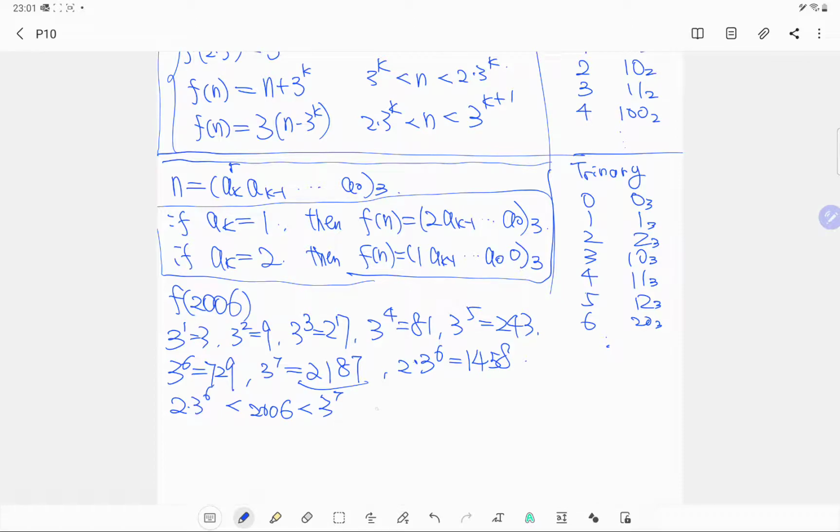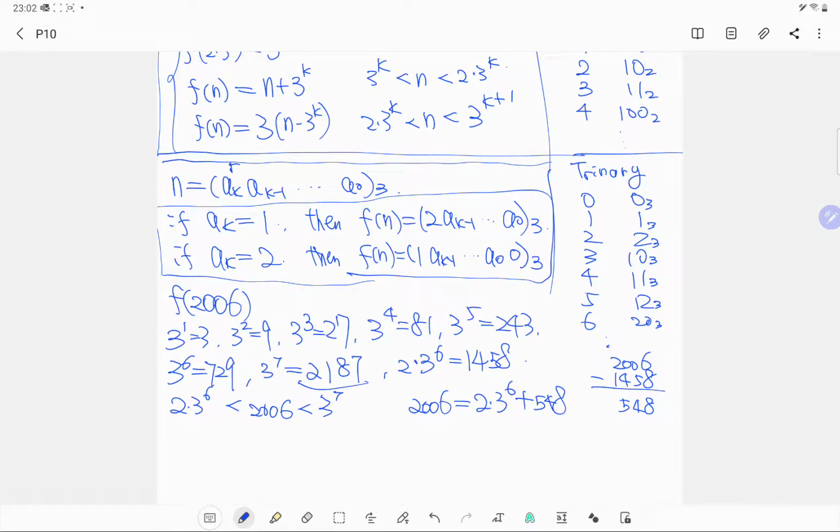So we can express it as 2006 equals 2 times 3 to the 6th power plus 2006 minus 1458, so 548.